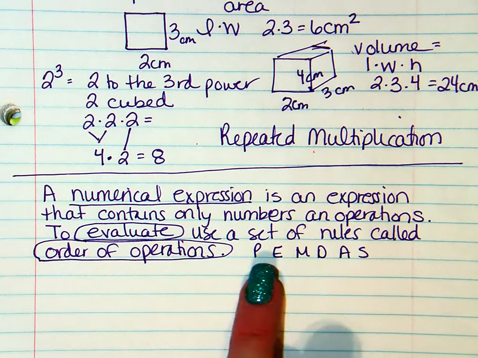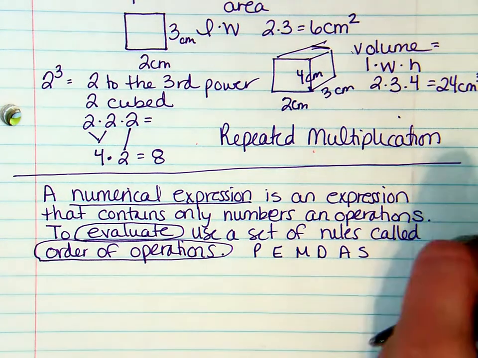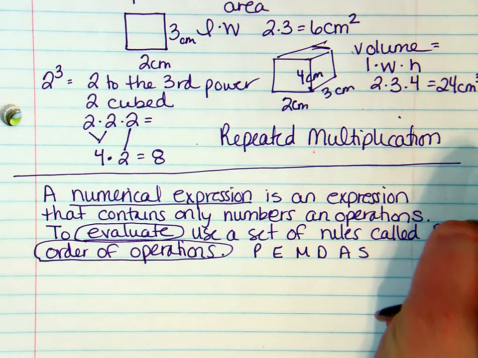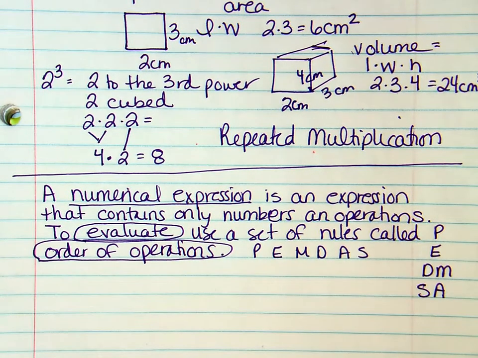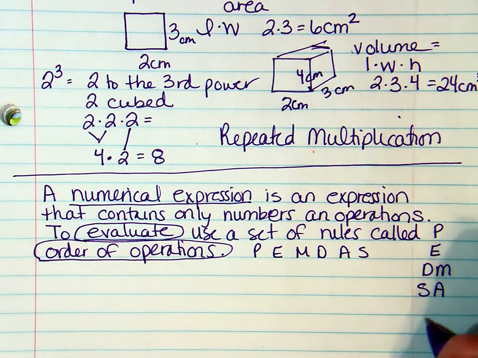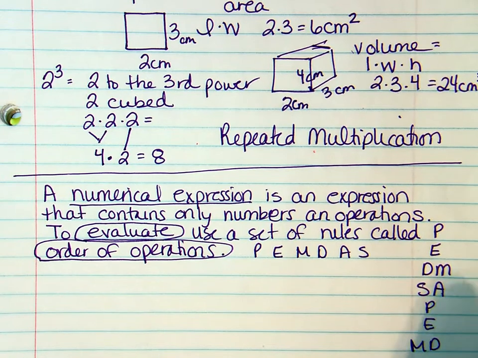Now, I think this actually does a disservice to you because the reality of it is it's really parentheses, exponents, like it could be like that, or it could be like that.